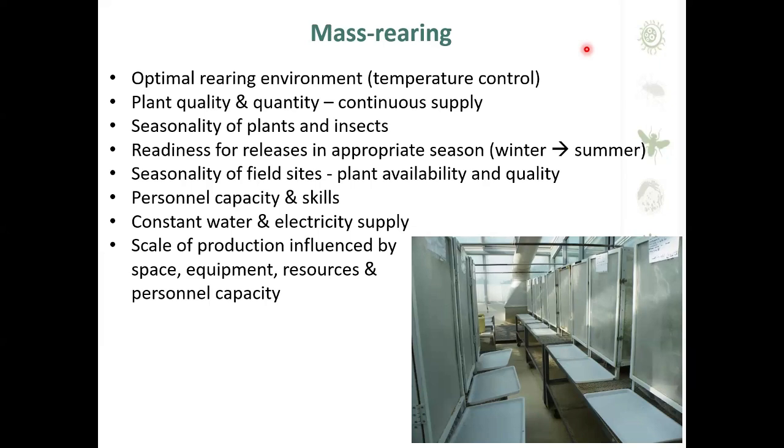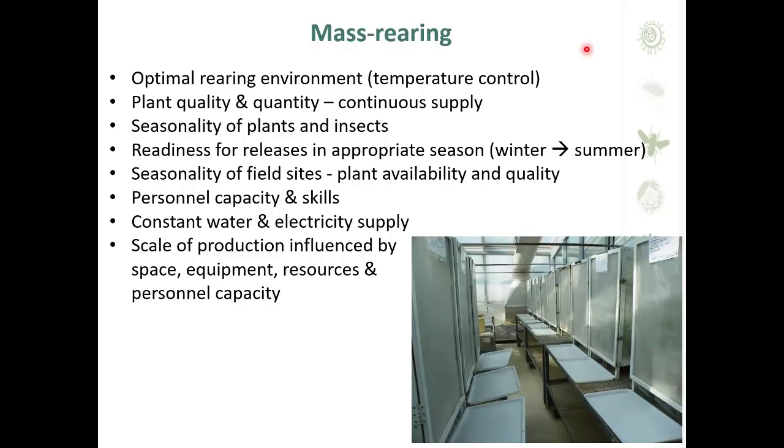And then both the plants and insects or pathogens, insects certainly, have a seasonality, so they may decline during the drier season or the wetter winters or basically when temperatures drop. And we need skilled personnel, constant water and electricity, and then the scale of production is influenced by the resources and capacity.